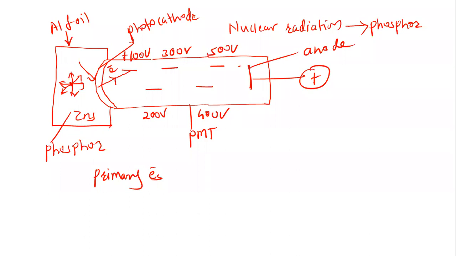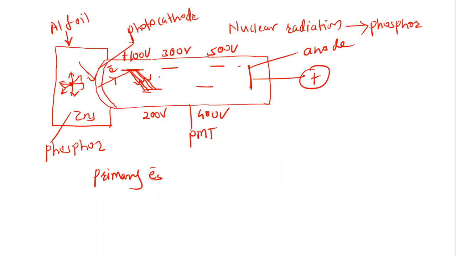Due to the increasing positive potential, these electrons are accelerated to the first dynode, which is coated with cesium or antimony metal. Immediately several electrons are ejected from it. Suppose one electron is emitted from the photocathode, then it will produce 10 electrons here.